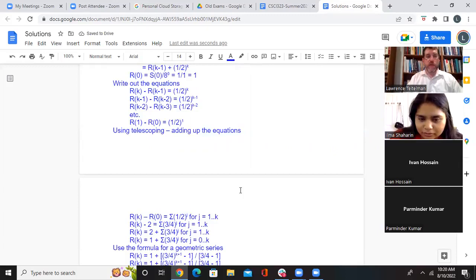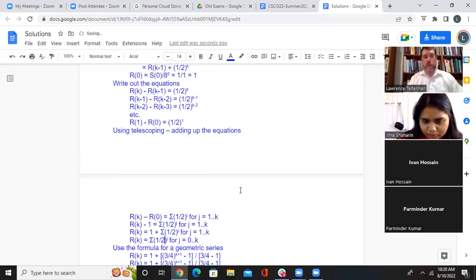And r of 0 is what? 1 is equal to 1/2 for j to k. And I move the 1 to this side. That's good. And now the 1 gets moved into the summation.